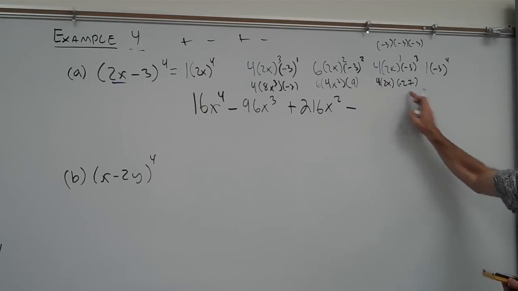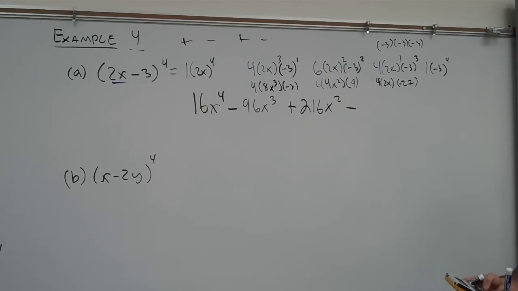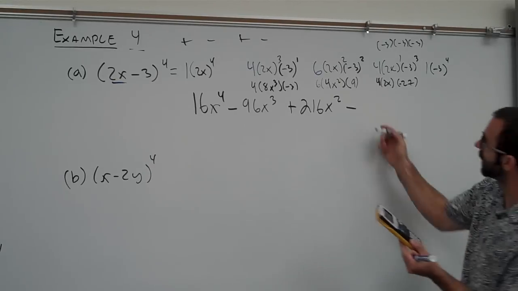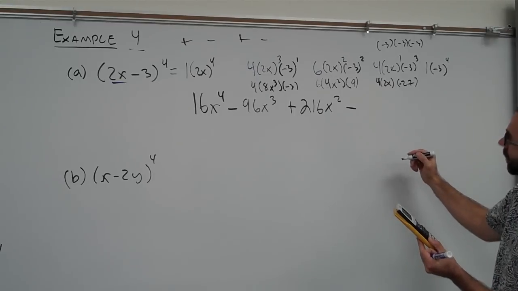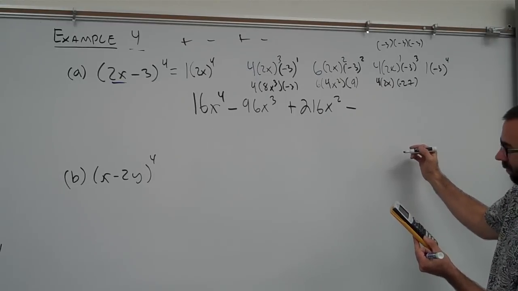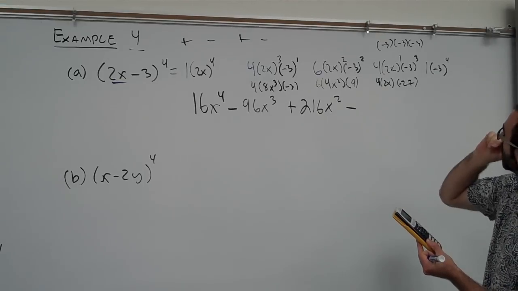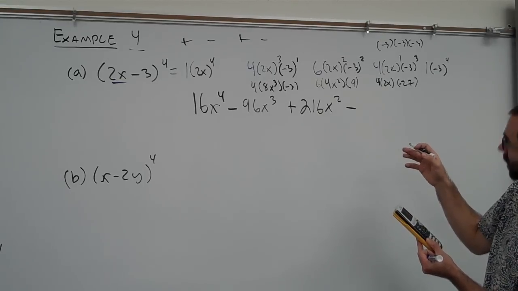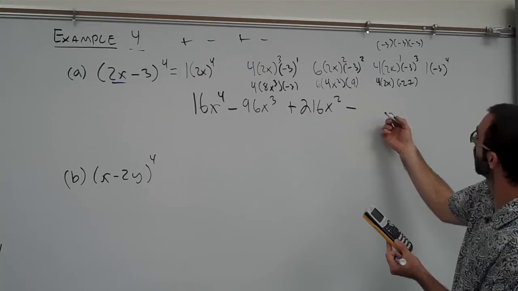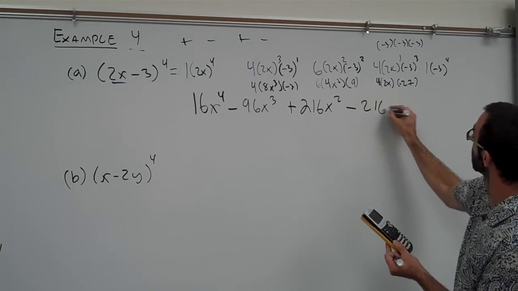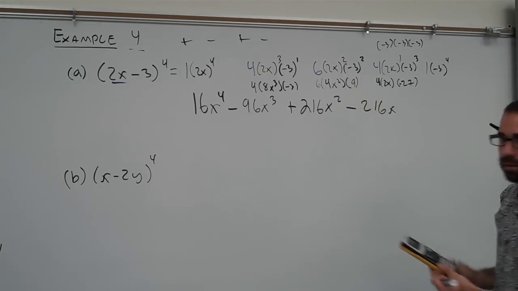Lastly, let's go ahead and multiply all these together. So 4 times 2 times negative 27 is negative 216. 4 times 2 times 27, that's what we're going to get right there. So 216x.